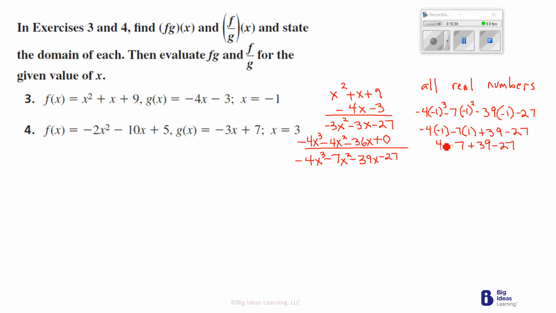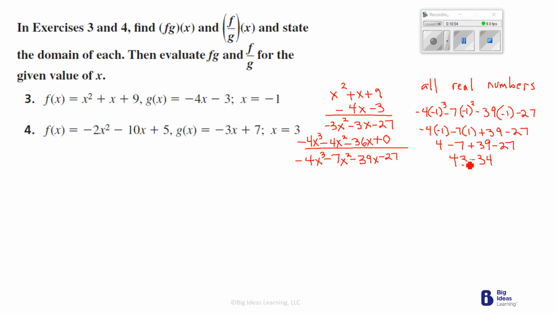And we have plus 39 minus 27. Well, let's see. I can say that 4 plus 39 will give me 43. And then negative 7 and negative 27 will give me negative 34.